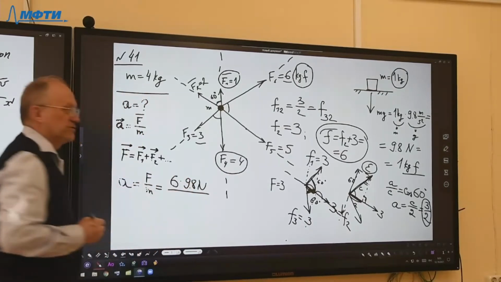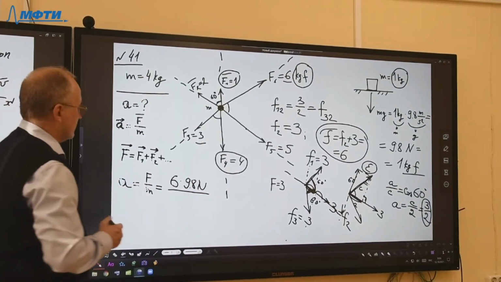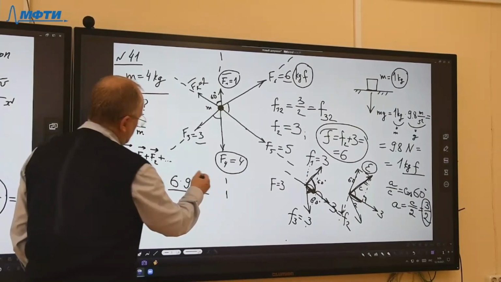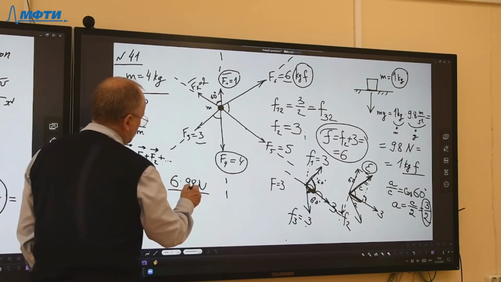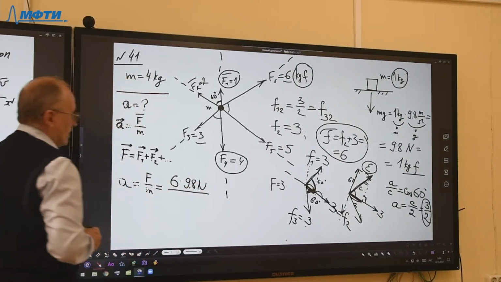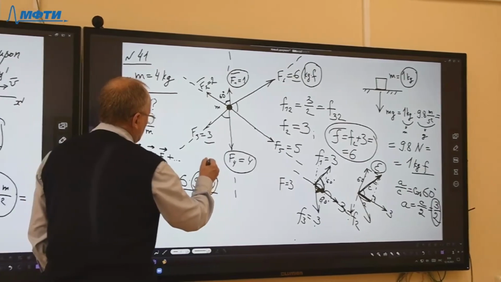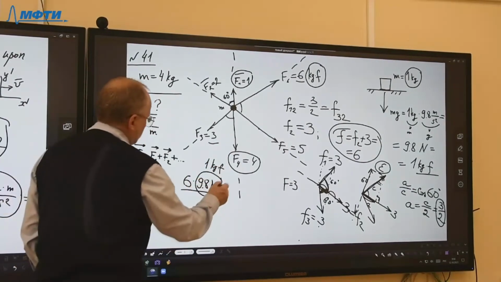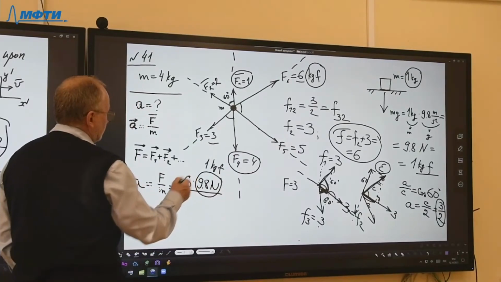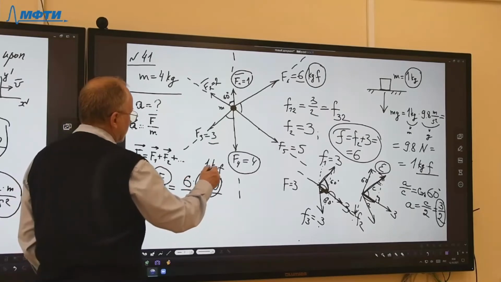Finally, we have to use the international system, the SI system, and the units of force are newtons. So 1 kilogram force in newtons is 9.8 newtons. And we have found the net force acting on the body to be 6 kilogram forces.